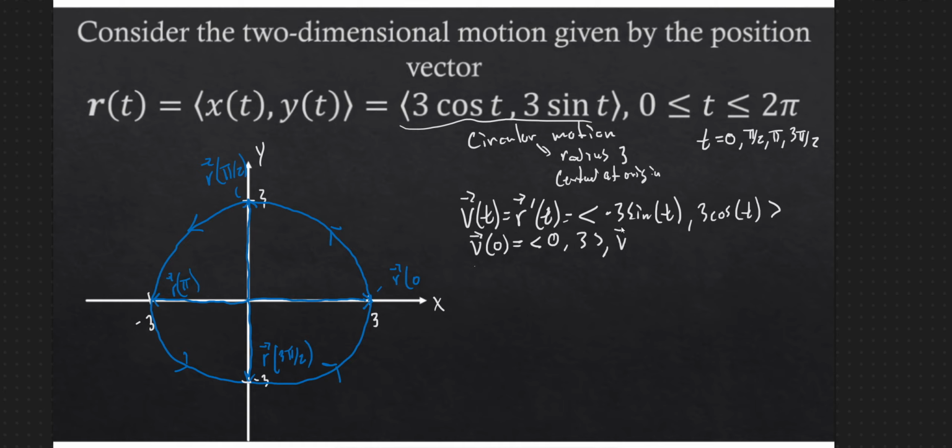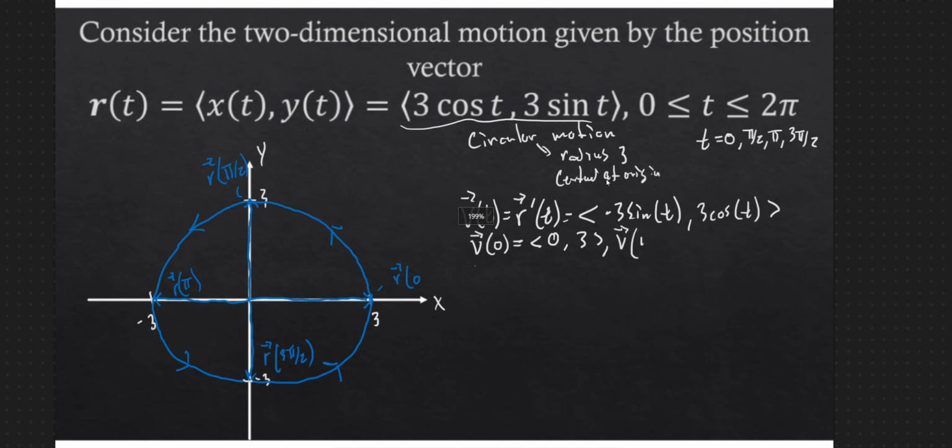We can find v of pi over 2. Now sine will be 0, and I'll have 3 cosine of pi over 2. So this should be minus 3 now, minus 3 in the x direction, and 0 in the y direction.